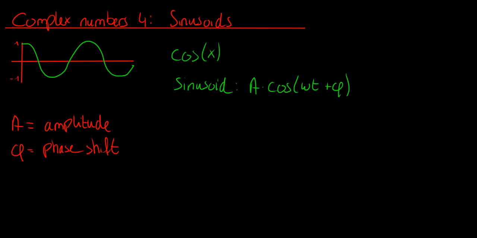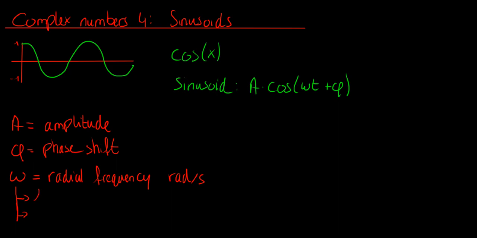The omega is called the radial frequency, and this has unit radians per second. This radians per second can be rewritten to calculate other things.